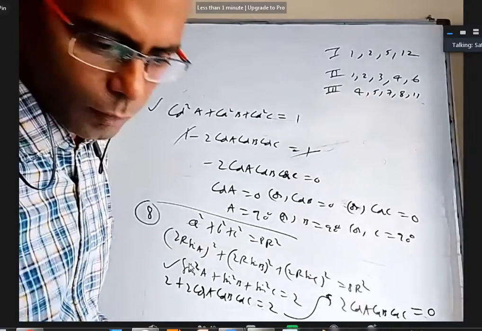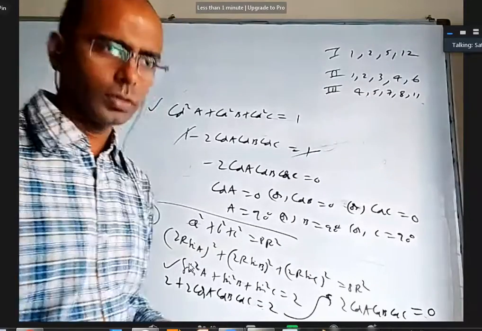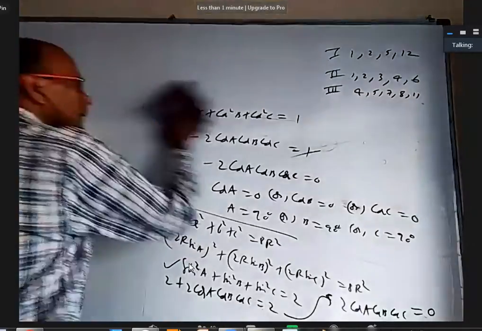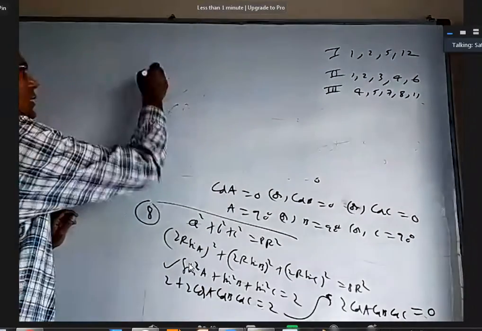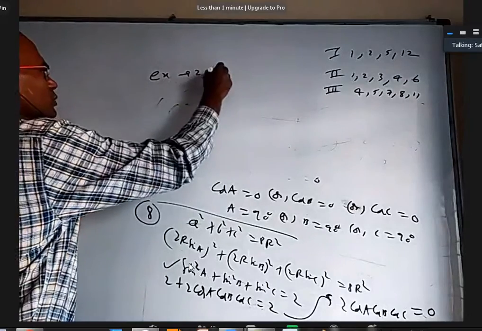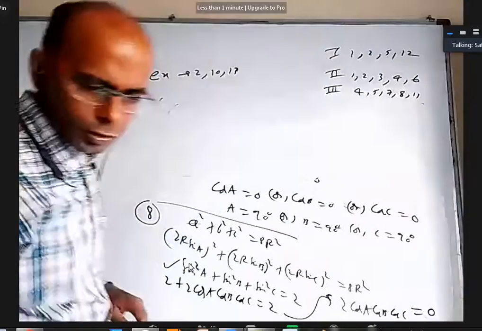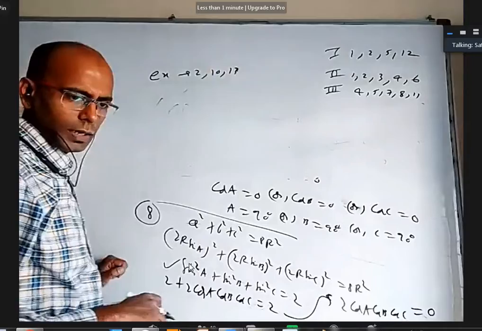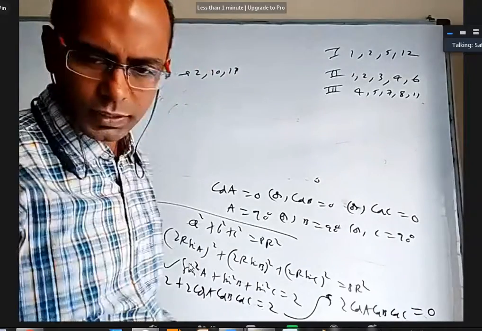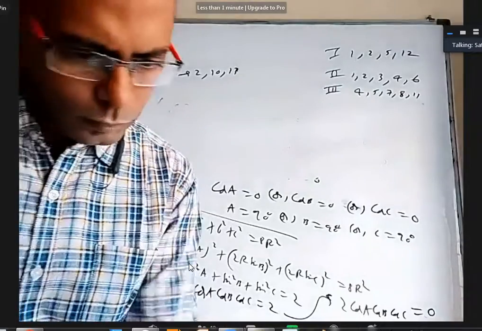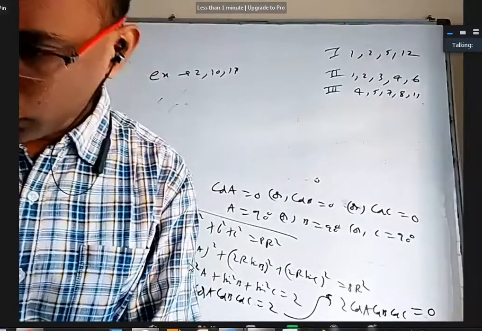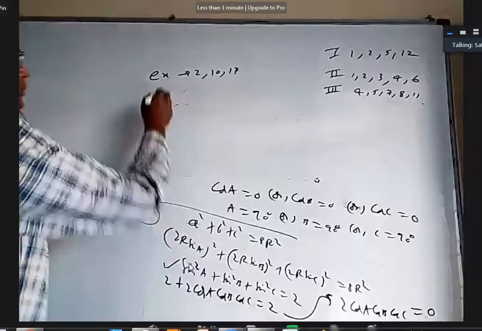Okay, next some more questions on sine rule I gave. That is in examples 2, 10 and 13. And in the exercise, page number 391, that is sections 2, 13, 14.